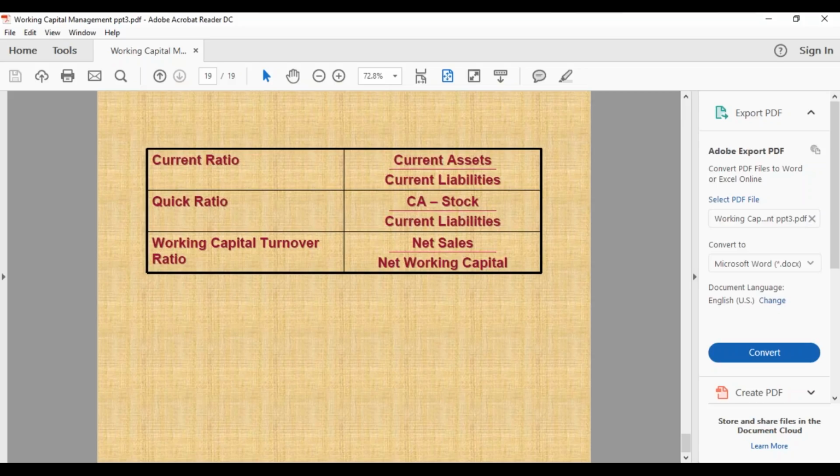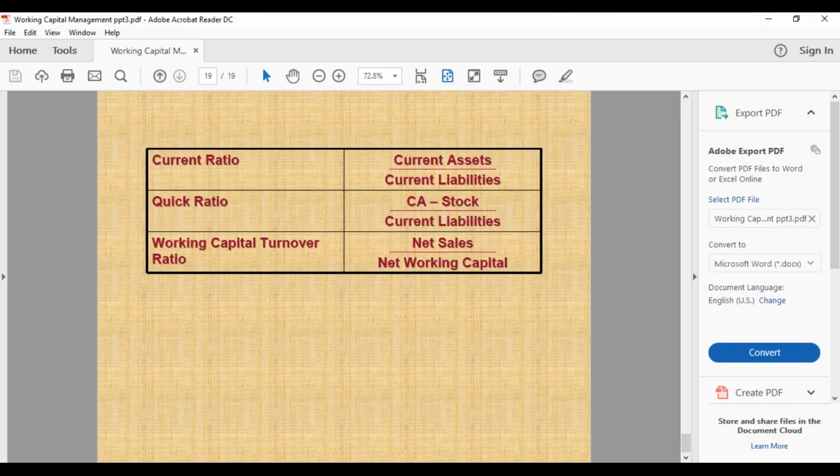Aditya, are you there? Yes, sir. So what is it that you are not able to understand in this? It's a very simple statement you have to make. I'll try again, sir. Last time I opened it and I thought about how to create it, but I was not able to.